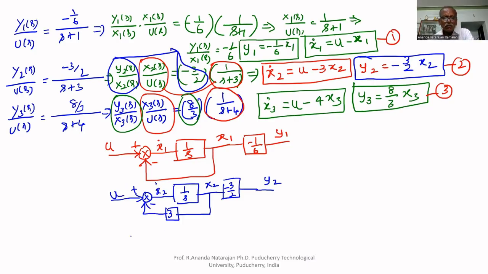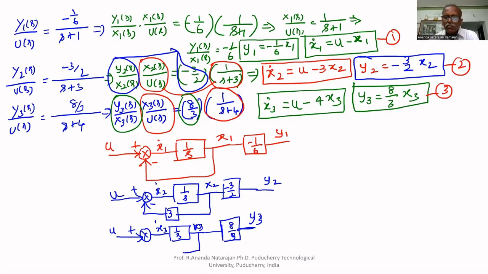The third equation is again u is the input. That is x3 dot, if you put 1 by s, you will get x3. x3 has to be multiplied by 8 by 3 times. That is y3.